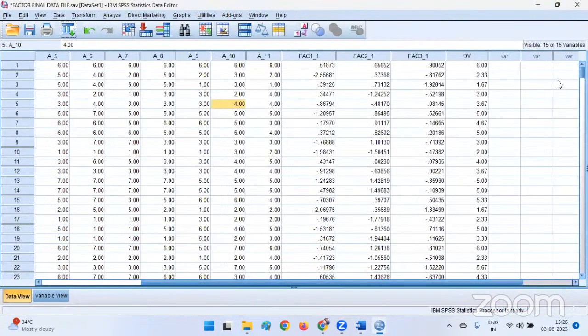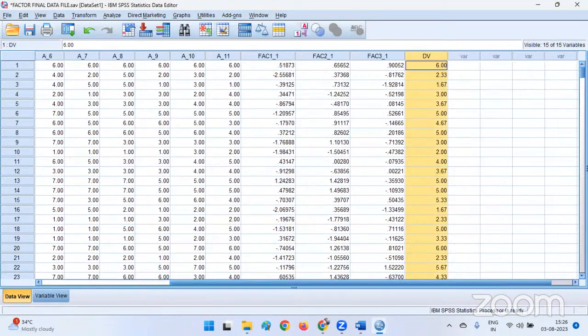So there is one more variable generated here as dv, which is the average. The dependent variable should always be an average or an imputed value. Factor score will not work because factor scores have 0 correlation.